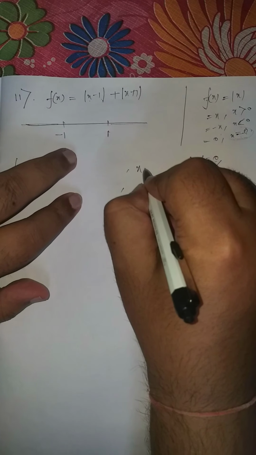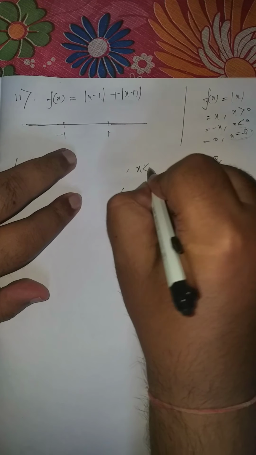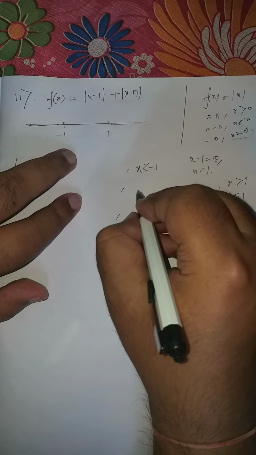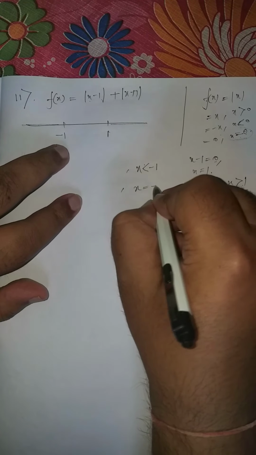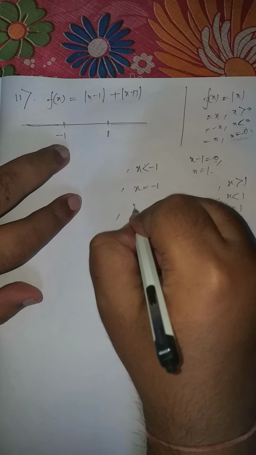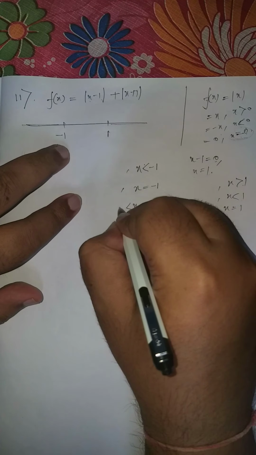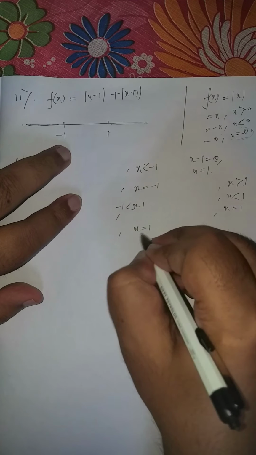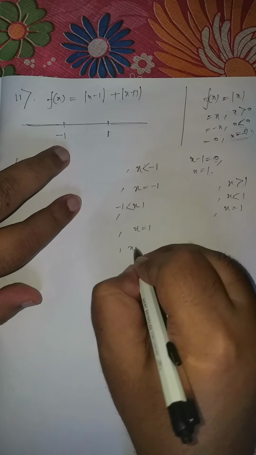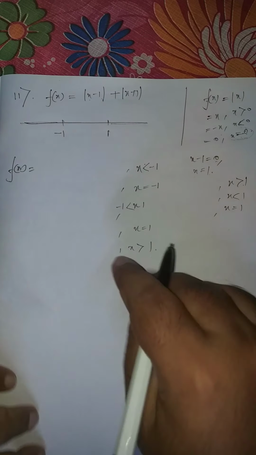So if you want to define the function f(x), you can do it like this: when x is less than minus 1, when x is equal to minus 1, when x is in between minus 1 and 1, when x is equal to 1, and when x is greater than 1.